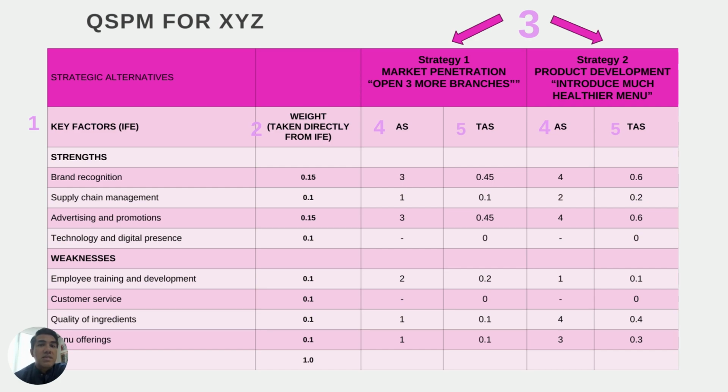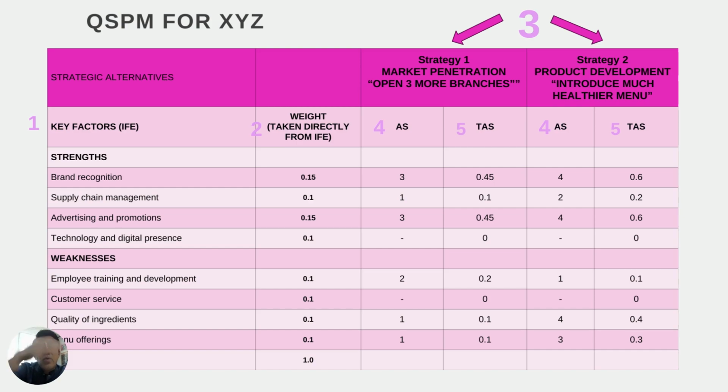However, for strategy number 2, product development, introducing a much healthier menu, we scored them a 4, because with the current market environment, customers are concerned about their health, and more organic food is becoming much healthier, for example. So by introducing a much healthier menu, this might increase the brand of this company. That's why we scored them a 4, as being highly attractive.